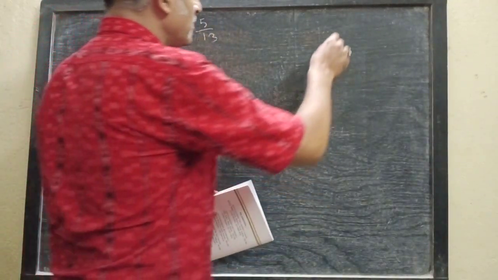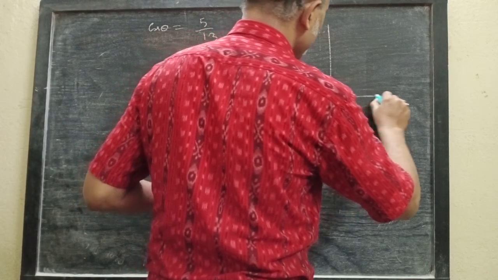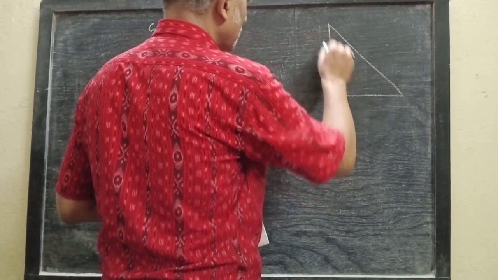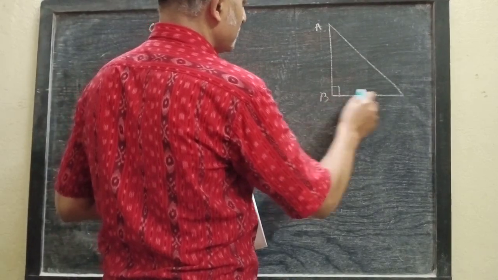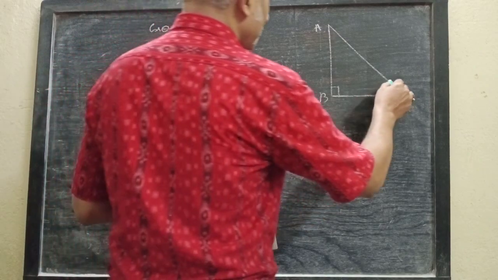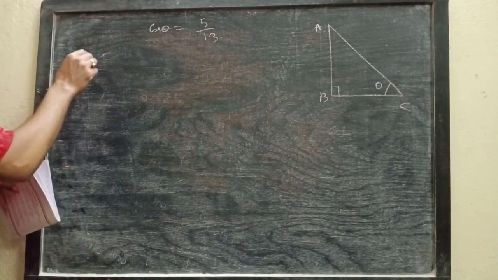First, we have to draw a right angle triangle. Say ABC is a right triangle at B, and say angle ACB is of measure theta. So we have to write this.